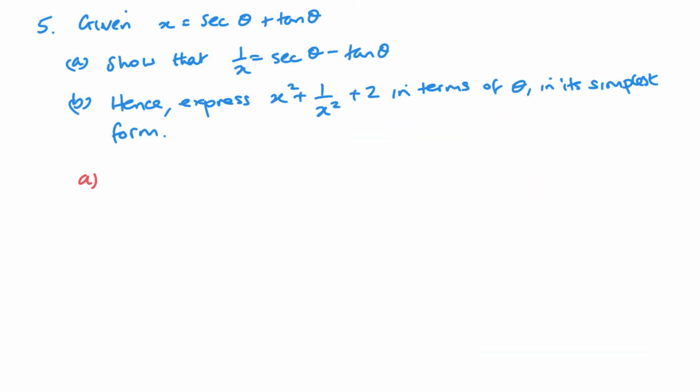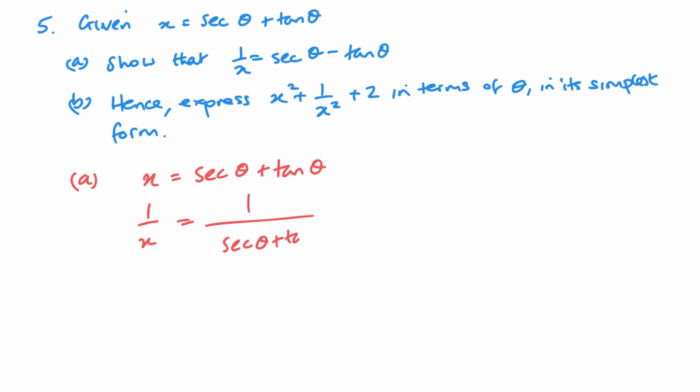Okay, part A. So if we start with x equals sec theta plus tan theta, 1 over x will be 1 over sec theta plus tan theta. And then I want sec theta minus tan theta. So let's multiply top and bottom by that, sec theta minus tan theta.